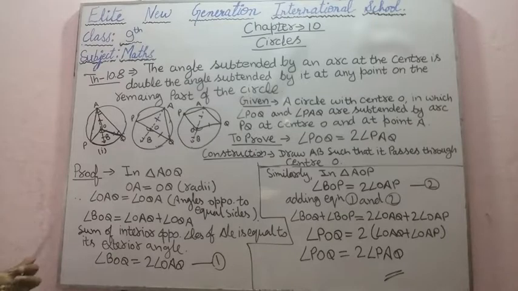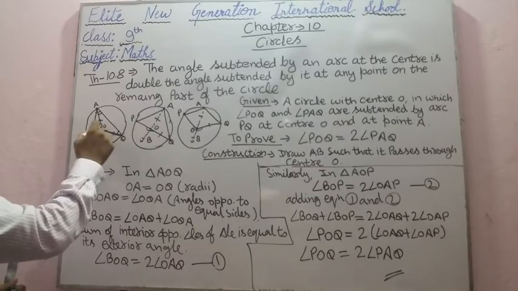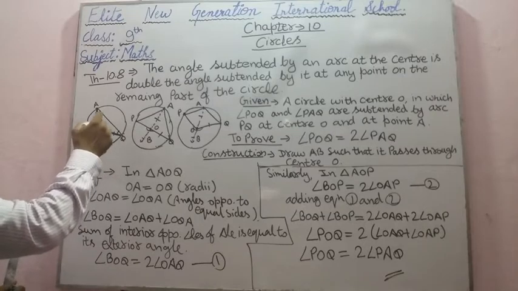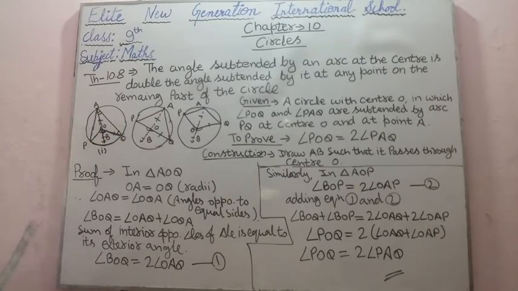Now we can write angle BOQ equals angle OAQ plus angle OQA, as we know by the theorem that the sum of the interior opposite angles of a triangle is equal to its exterior angle.